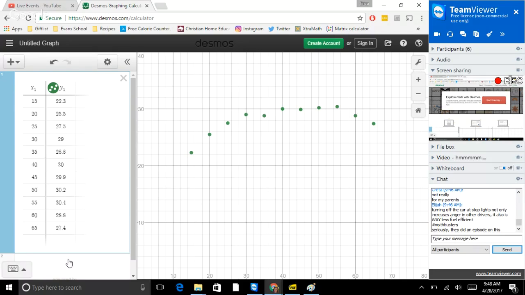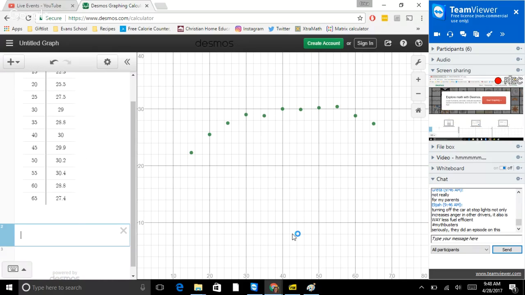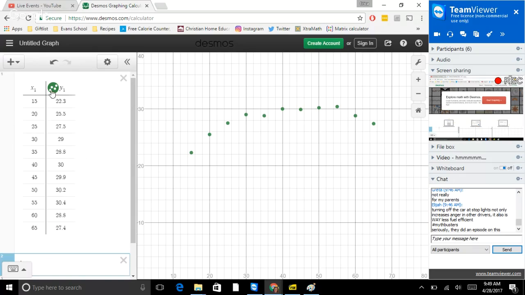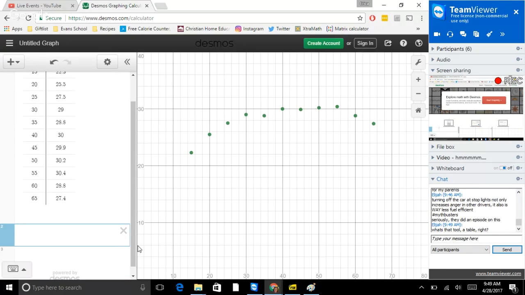So how do we actually best fit our data? This is the trickiest part, figuring out how to use best fit in Desmos. What you do is you say, I'm trying to fit y sub 1 and x sub 1. Those are my two variables. A table is a tool under here, so you can add a table.